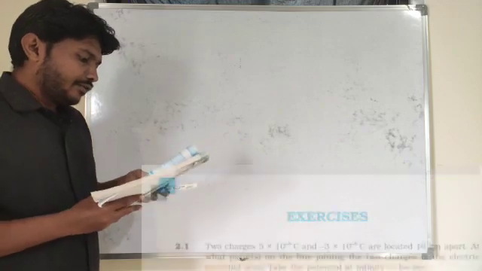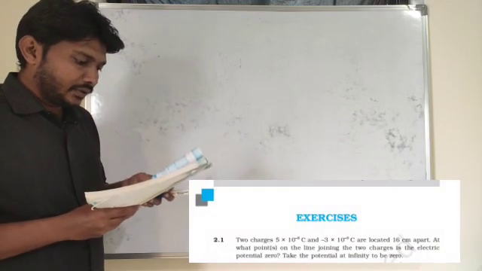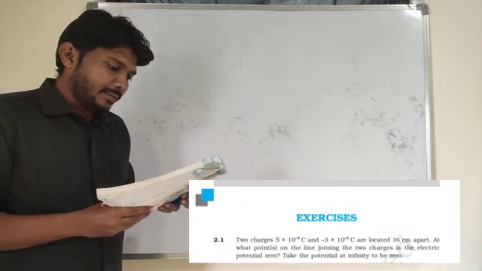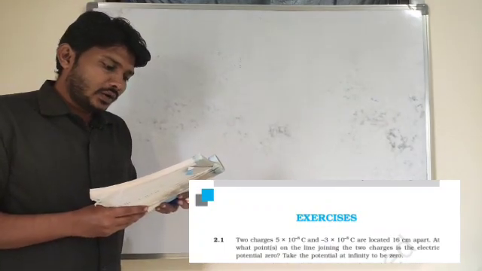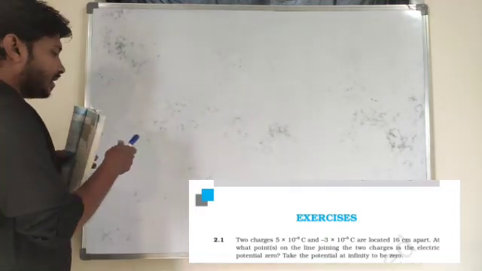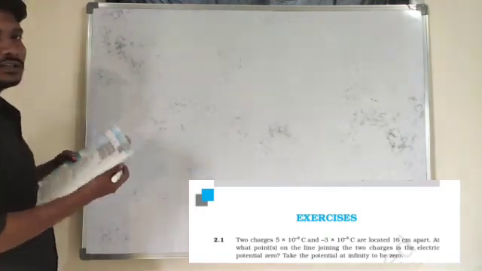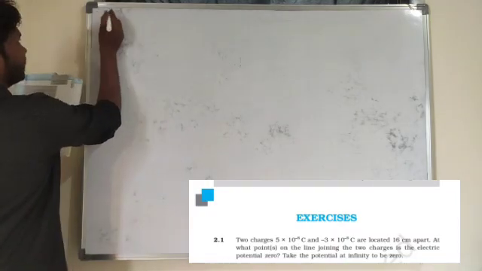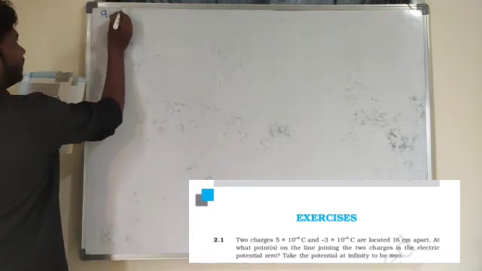Two charges, 5 into 10 to the power of minus 8 coulomb and minus 3 into 10 to the power of minus 8 coulombs, are located 16 centimeter apart. So they mentioned that two charges are there, and between these two charges there exists a certain distance. First I will take the magnitude of the charge.